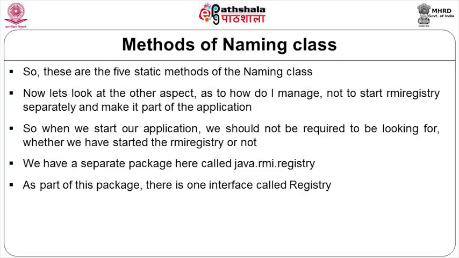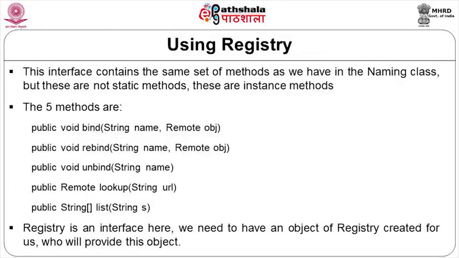As part of this package, there is one interface called Registry. This interface again contains the same set of methods, but now these are not static methods, these are instance methods. This contains the same set of methods as we have in the Naming class. Those 5 methods which we saw: bind, unbind, rebind, lookup and list.